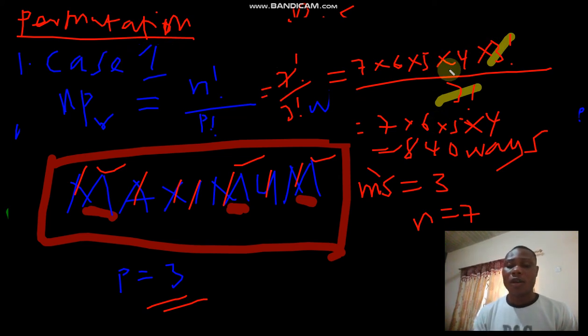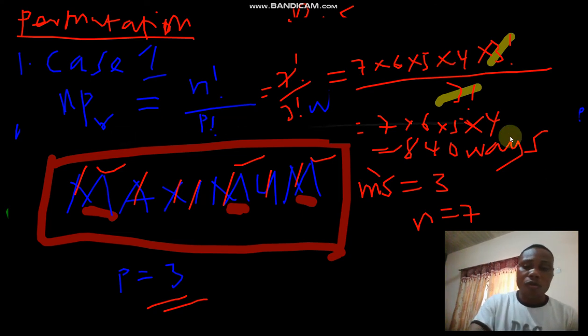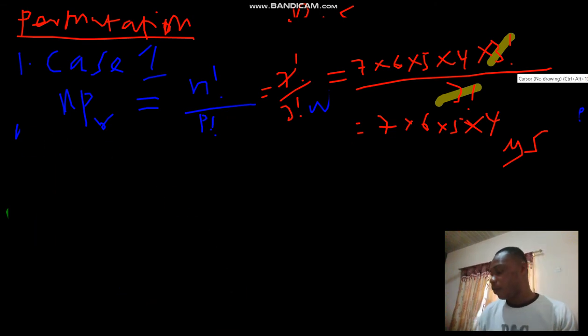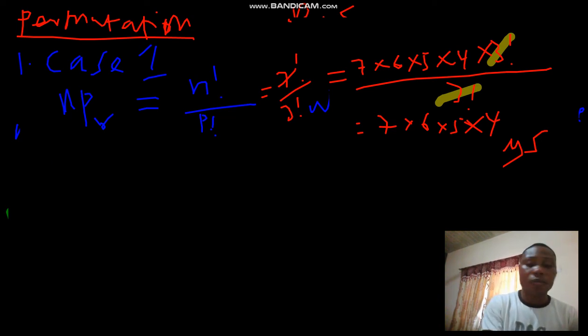So this is case 1. Let me give you an example to try. Find the number of ways the word M, I, M, E can be arranged.